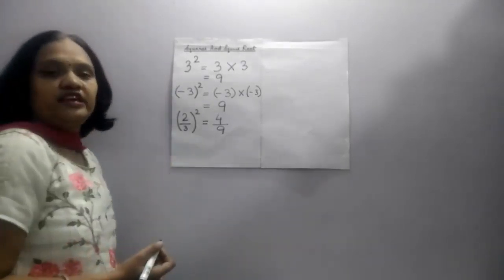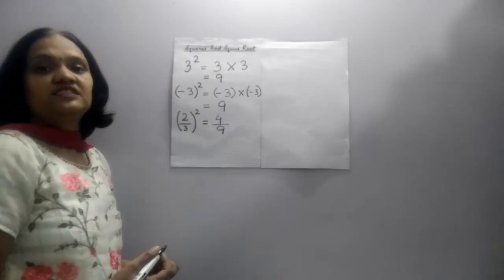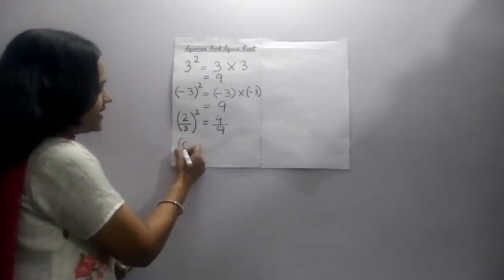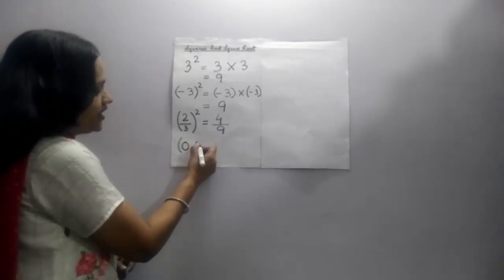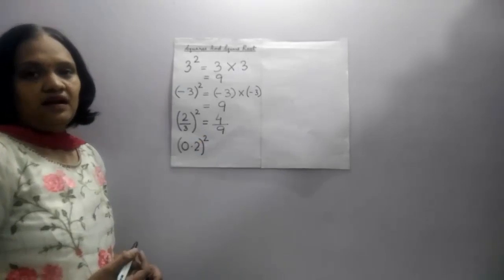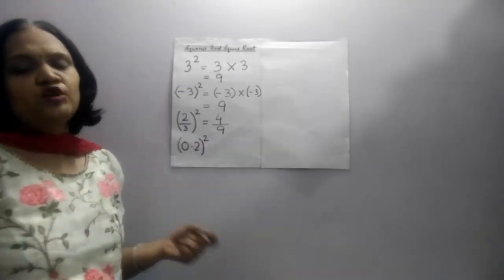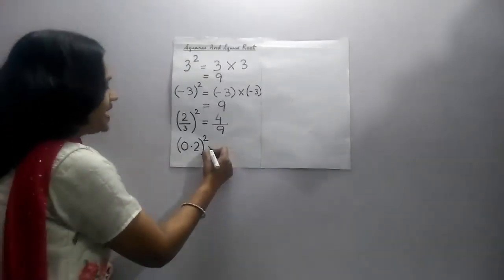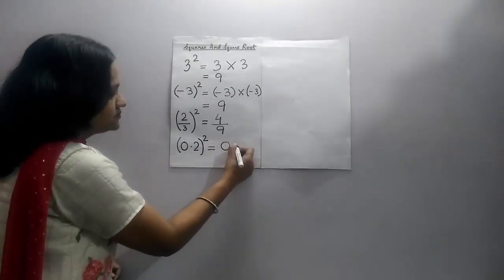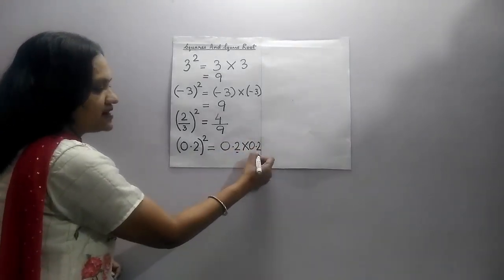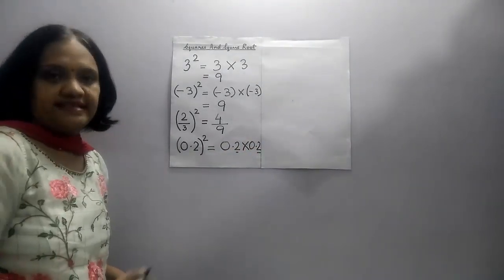Same way, we can also find the square of a decimal number. If I give you a decimal number 0.2 whole square, then how will you find its square? 0.2 whole square means 0.2 into 0.2. Now, after decimal, there are a total of 2 digits.